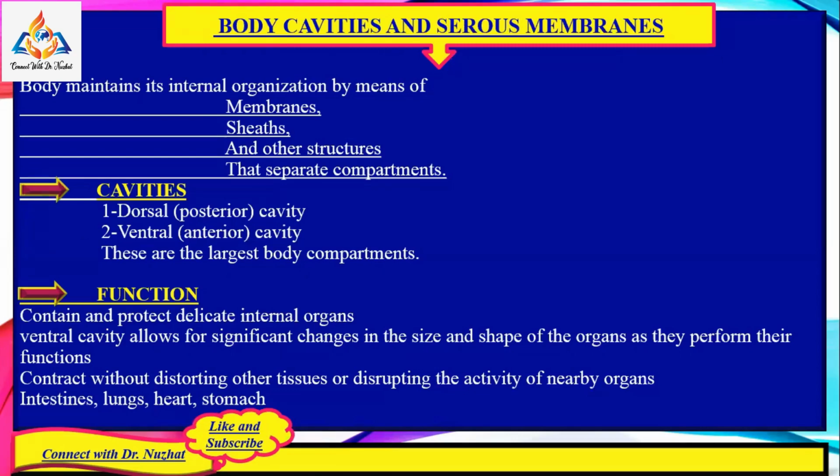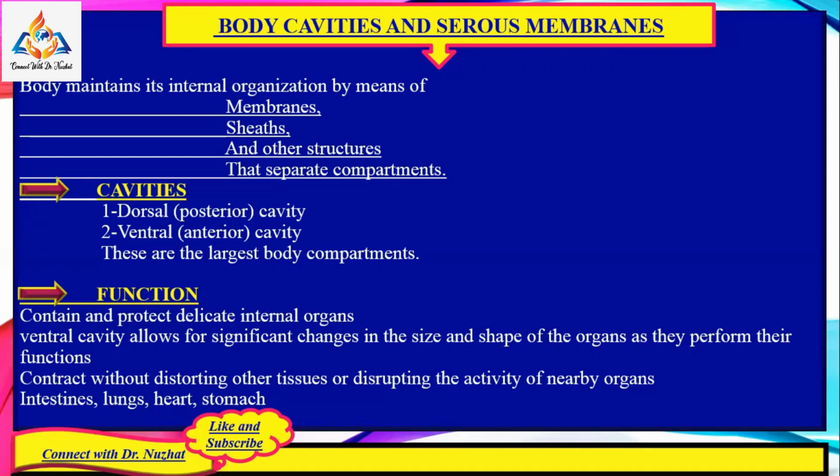Ventral is the larger cavity and is divided into two parts, thoracic and abdominopelvic cavity, by the diaphragm, a dome-shaped respiratory muscle. Major cavities of the human body are the spaces left over when internal organs are removed.